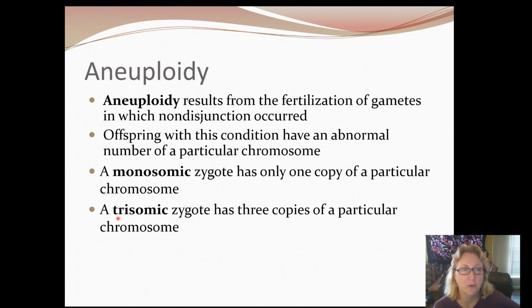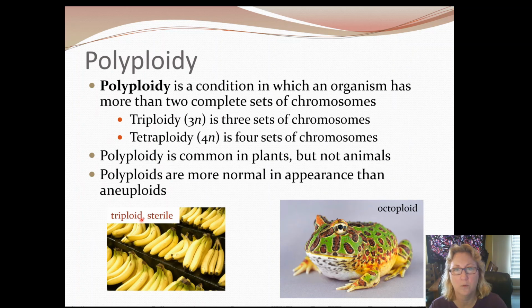And don't confuse these with triploid. If an organism is triploid, there are 3 of all the chromosomes, not just one of them. When all of the chromosomes are duplicated, that's polyploidy. Poly means many. Humans are diploid and most animals are diploid, but we can have more than that, which we talked about a little bit already.